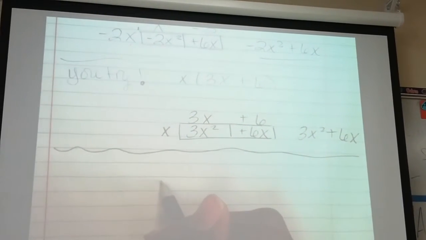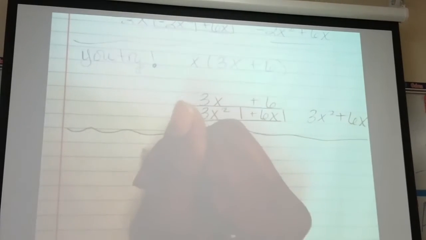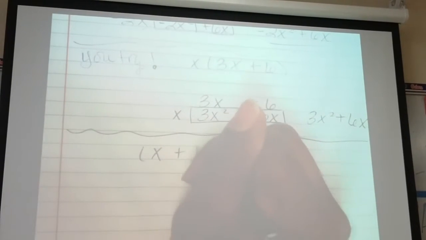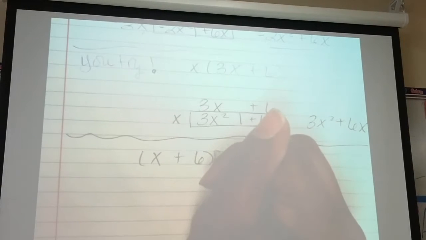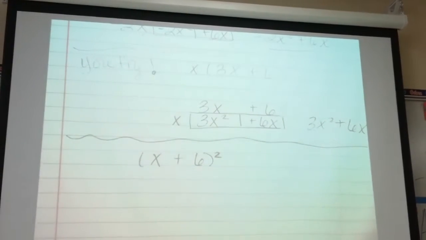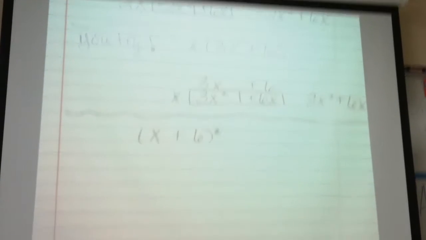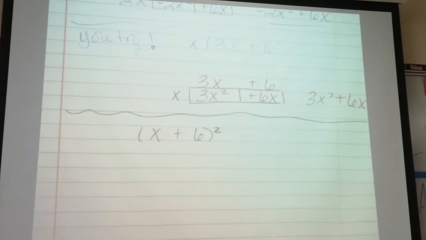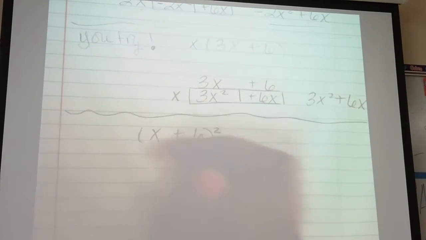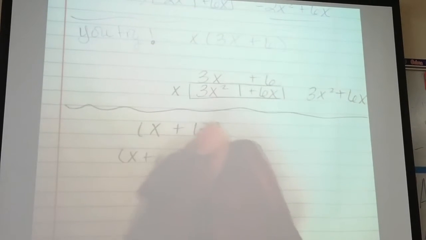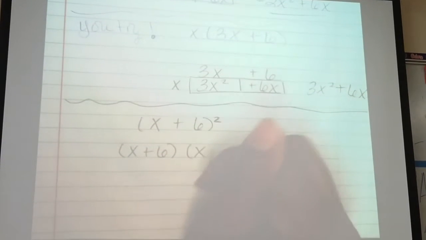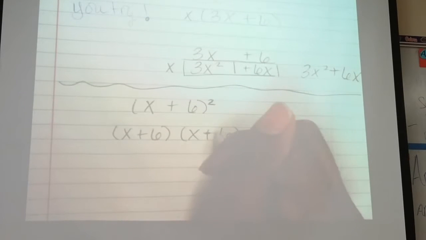Alright, so let's keep going with our review. So you may see something that looks like this. X plus 6 squared. Alright, so this is the same as having x plus 6 times x plus 6.